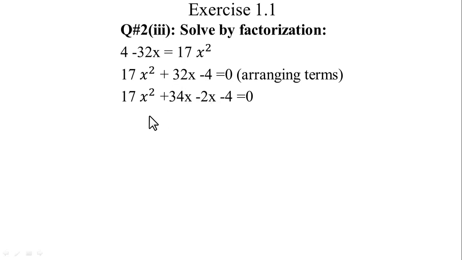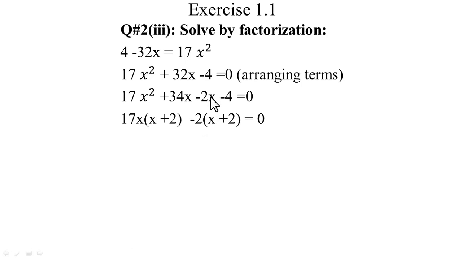So taking common in the first two terms, 17x into x plus 2. Similarly, we put the negative sign here: 2 and 4 are multiples of 2, so we are taking the common 2.